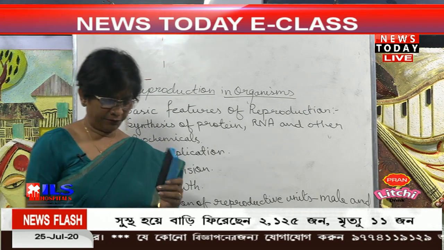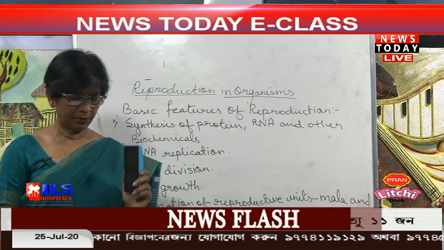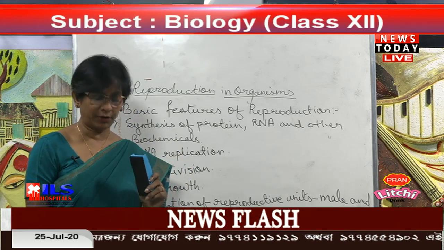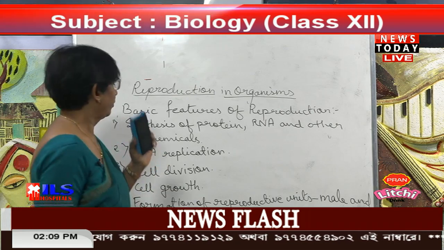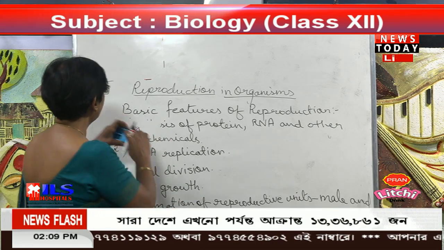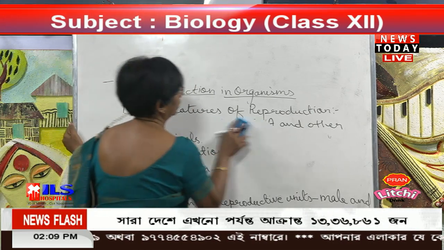If male and female gametes are formed, that means there is a formation of a new form, that is, the new offspring are coming out.